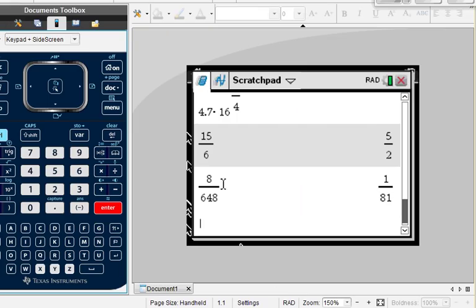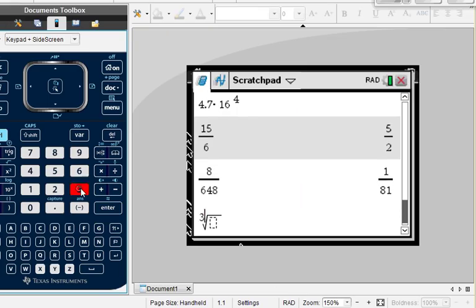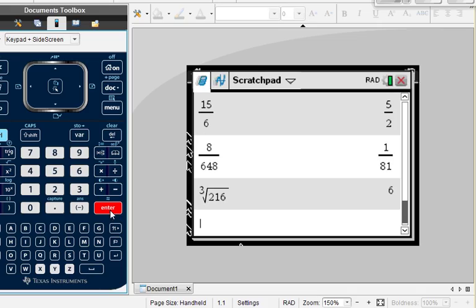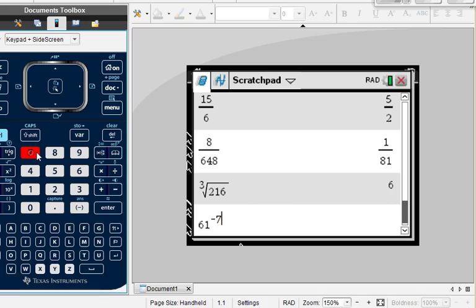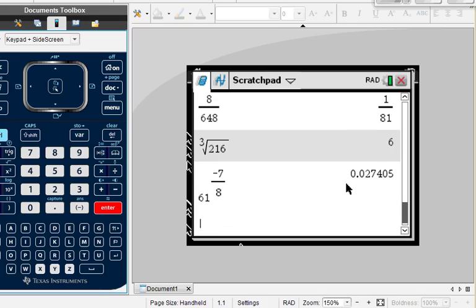So the first one is the cube root of 216, and that gives us 6, which is H. The next one is 61 to the negative 7 over 8, which gives us a big long number.